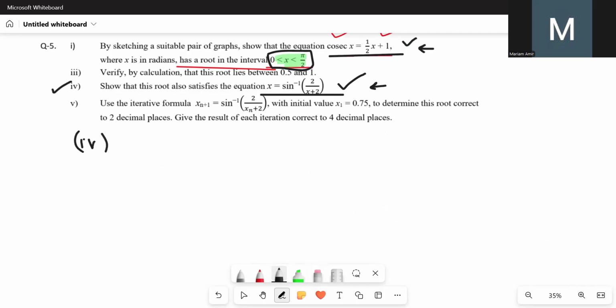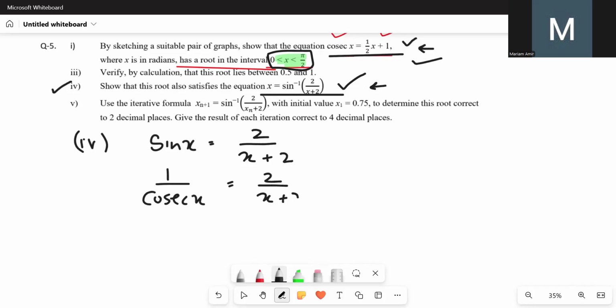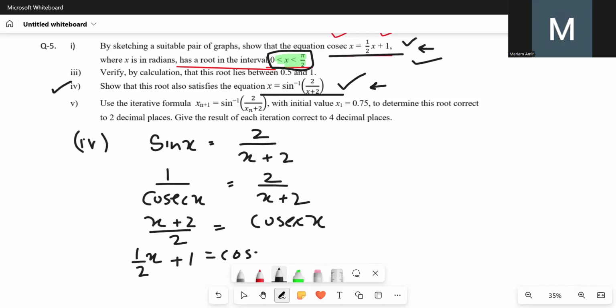Sending sine to the other side, sin x equals 2 over x plus 2. They've written cosecant x, so I write 1 over cosecant x equals 2 upon x plus 2, and take the reciprocal of both fractions and split the denominator: half x, or x over 2, plus 1 equals cosecant x. So shown.